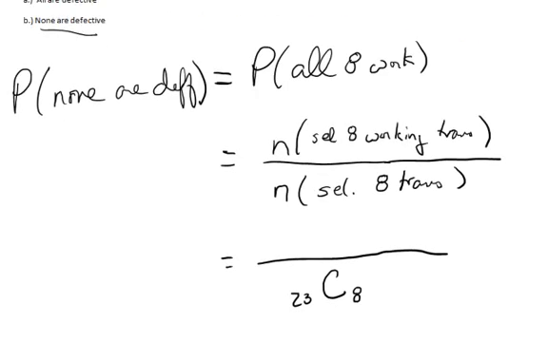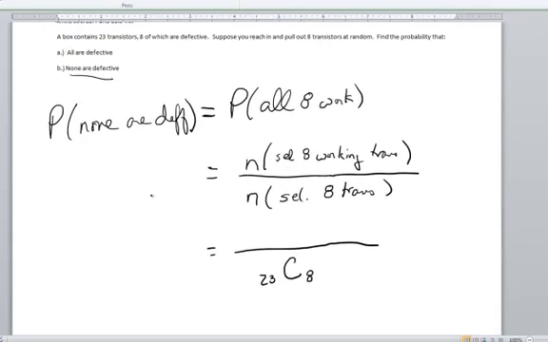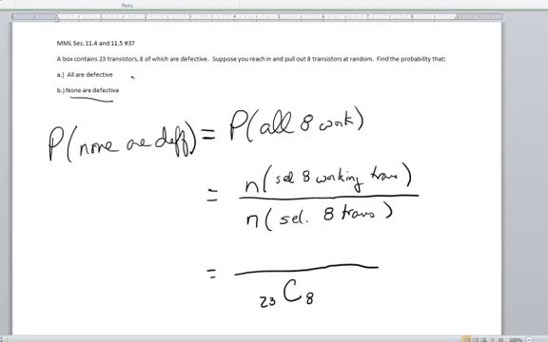What has changed, though, is the event that marks a favorable outcome. We're now looking at the number of ways of selecting 8 working transistors. Looking back up at the problem, we weren't told how many transistors are working.